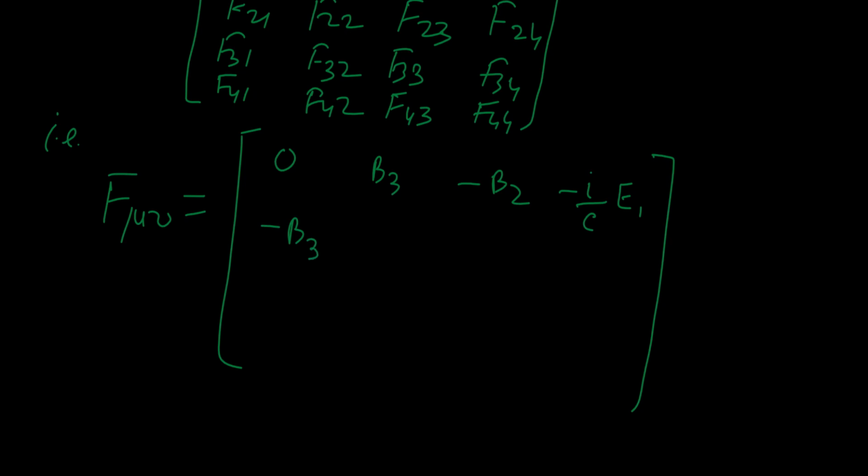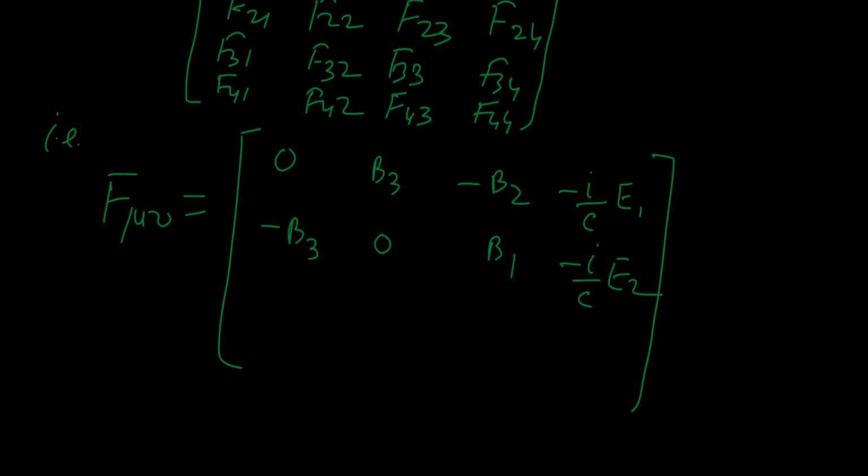Again there is F22, indices are same, so this element will be 0. F23, see above, F23 is in fact B1. And F24 will be equal to minus F42, and so it will be minus i over c E2.